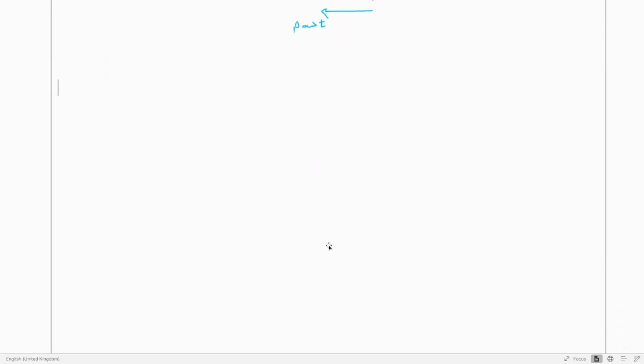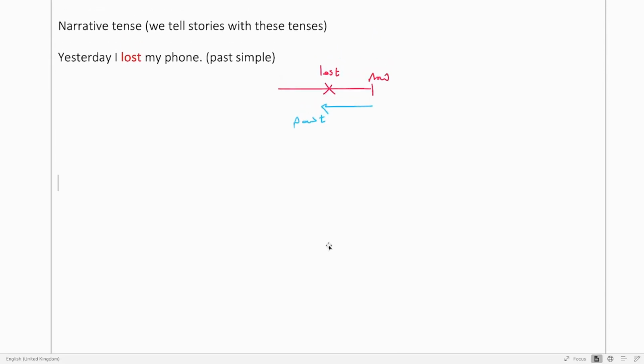Well, in grammar, perfect doesn't mean ideal or 100% correct. Perfect means before. So you hear it, don't you, with present perfect, past perfect, future perfect. It means before. So past perfect equals before the past.